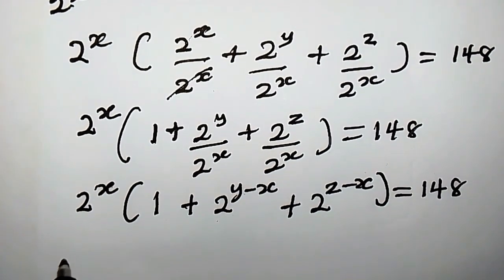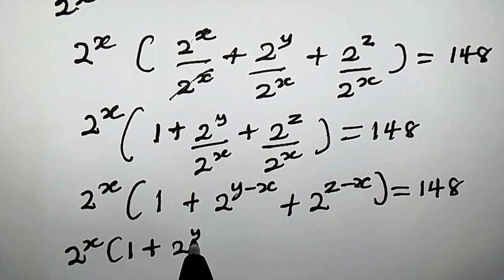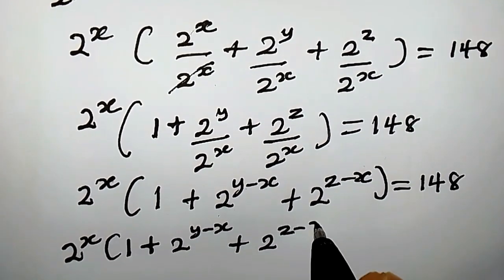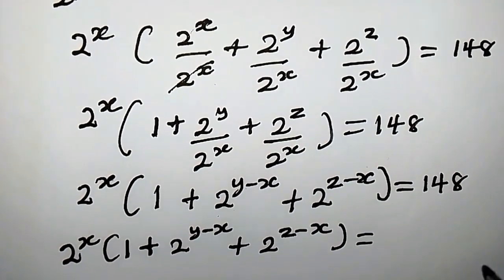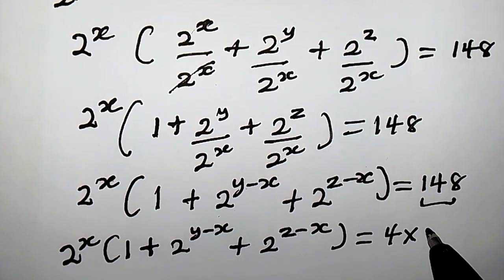So let's proceed further. 2 to the power of x into 1 plus 2 to the power of y minus x plus 2 to the power of z minus x, equals 148, is the same thing as 4 times 37.